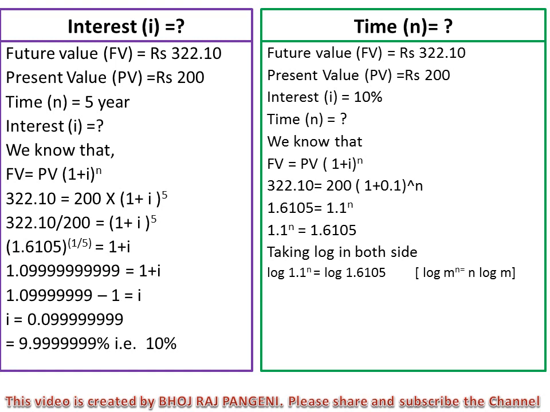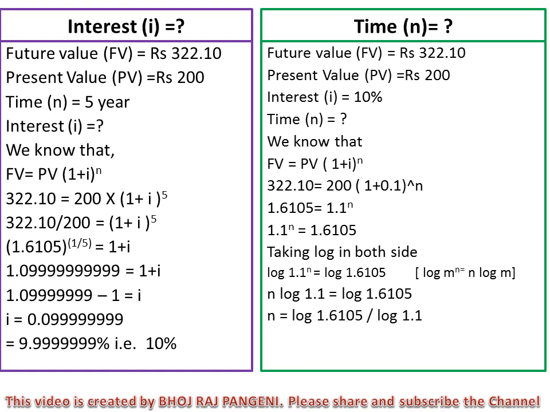Here is log 1.1 to the power n. In this equation, log 1.1 is taken as the m value and the power is n. So log m to the power n means n log 1.1 equals log 1.6105.